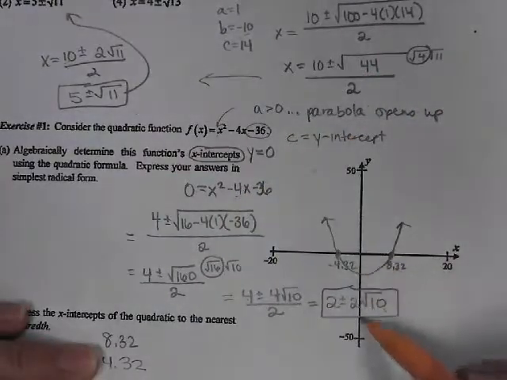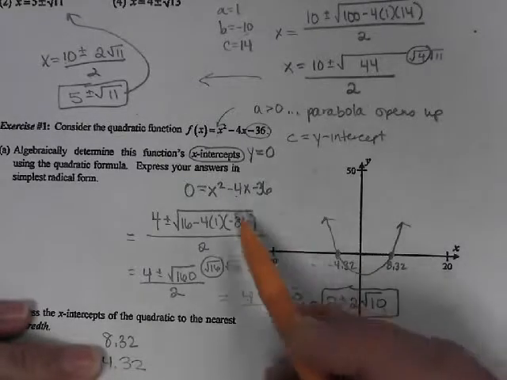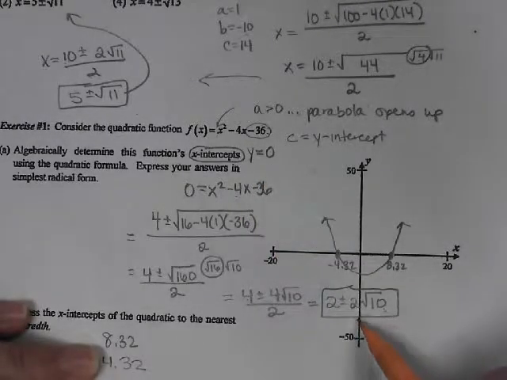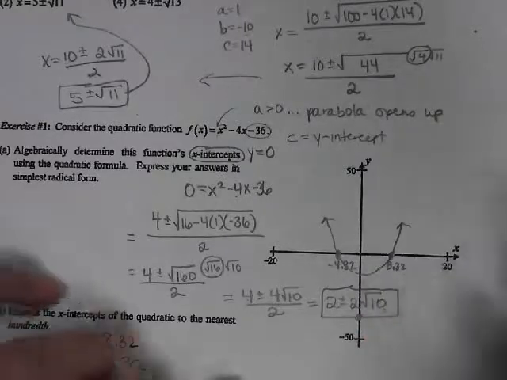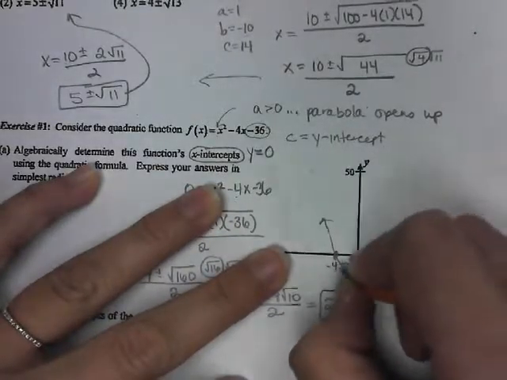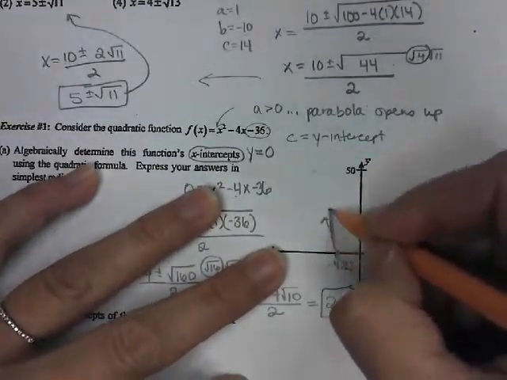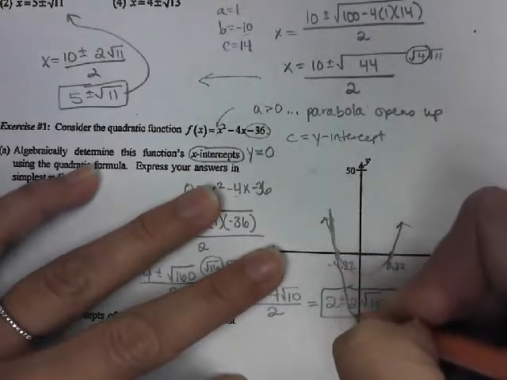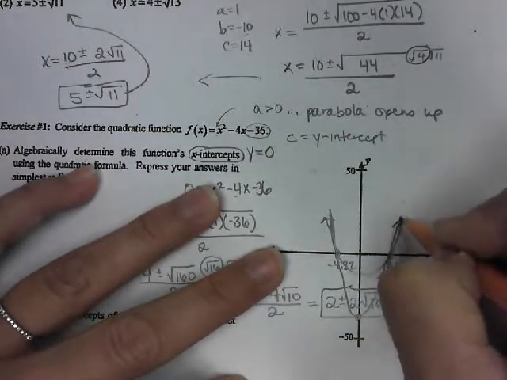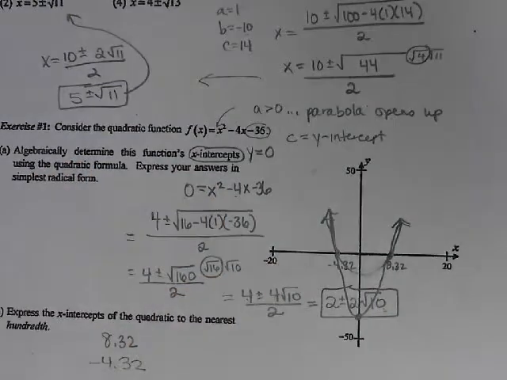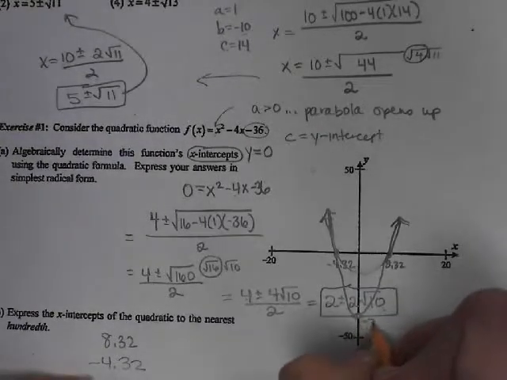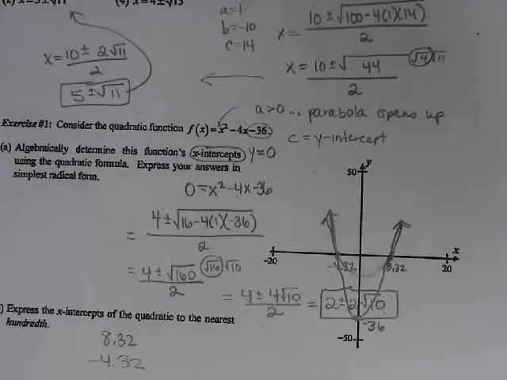So actually, if this is negative 50, then negative 36 would have been down here somewhere. And I should make this parabola much, much steeper to catch the zeros and to get far enough down to that y-intercept of negative 36. And we could label that negative 36 as well. I apologize that the work is going over the graph.